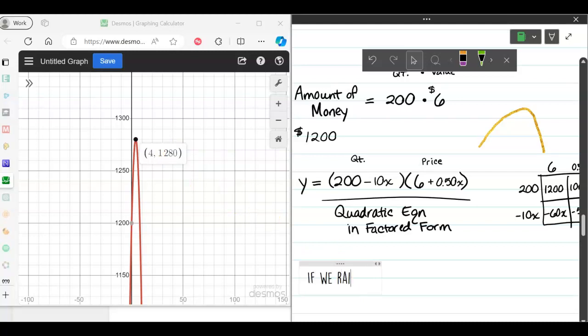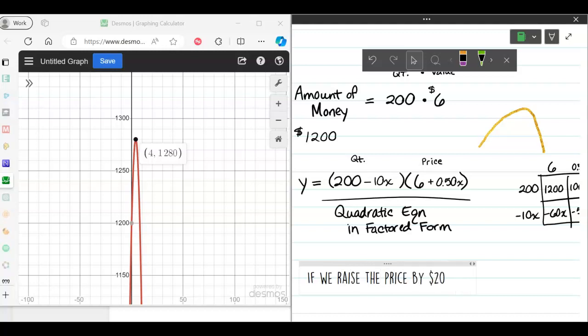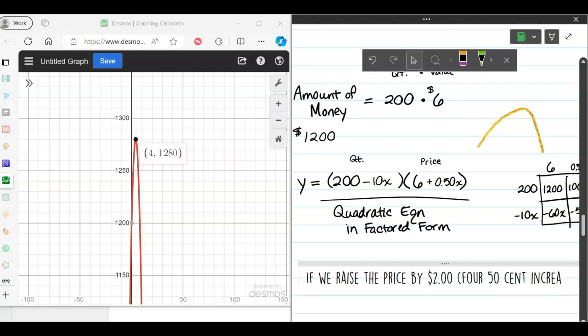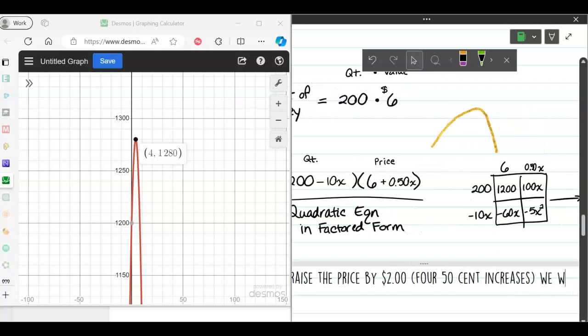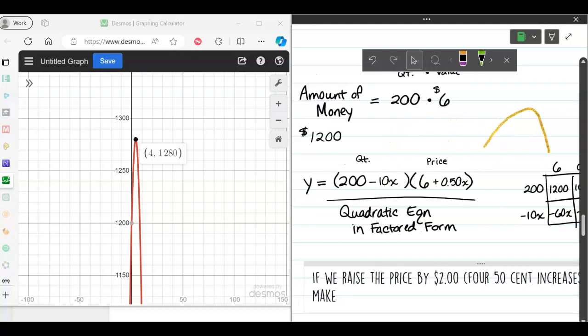If we raise the price by $2, which is 4 50-cent increases, we will make $1,280.